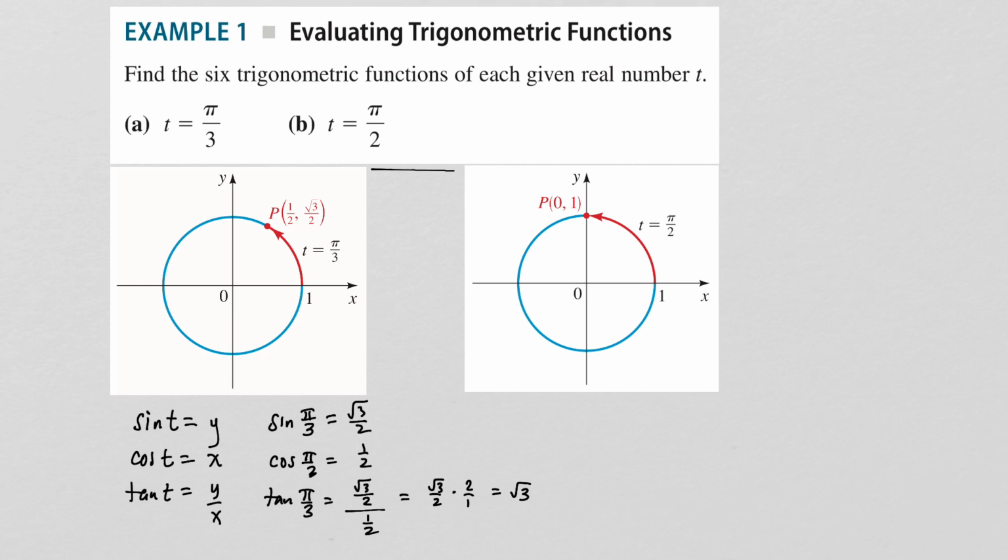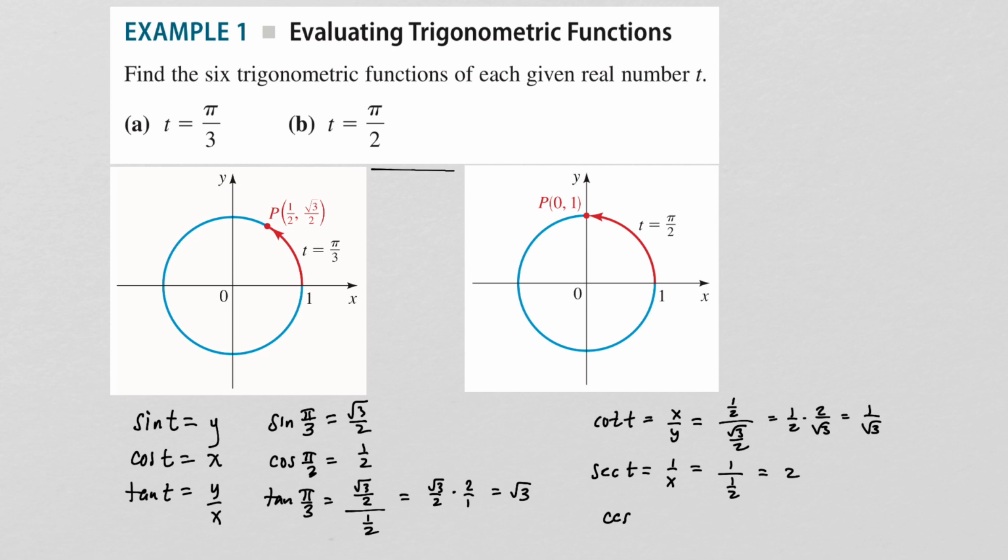Now the rest of the trig functions. We'll do cotangent of t next. That is just the reciprocal of tangent. So if tangent is y over x, then cotangent is x over y. That's going to be 1/2 divided by radical 3 over 2, and when you do the simplification, you end up with 1 over radical 3. Secant of t is equal to 1 over x, which is 1 over 1/2, which is equal to 2.